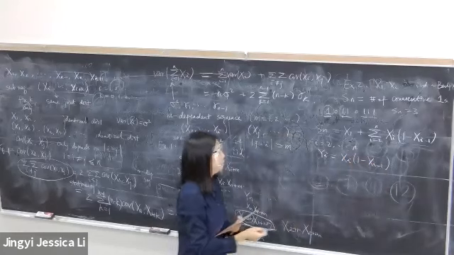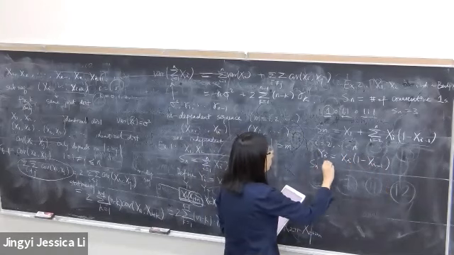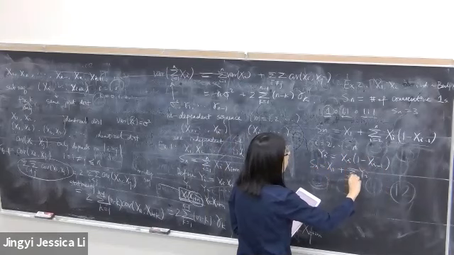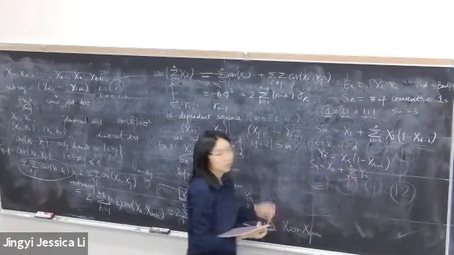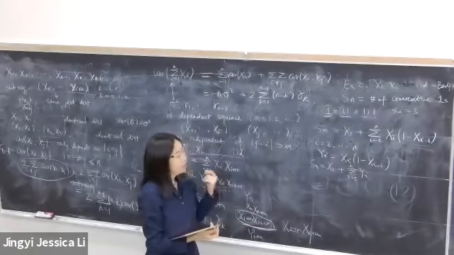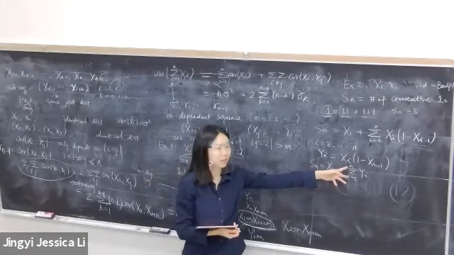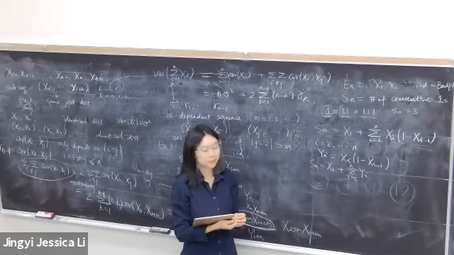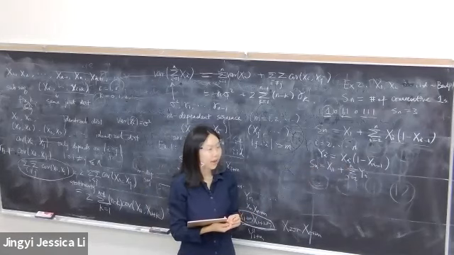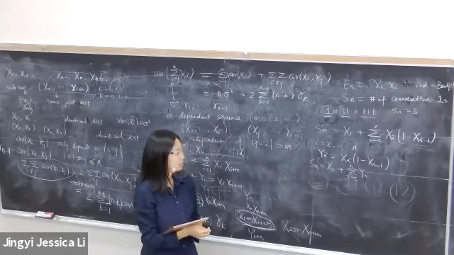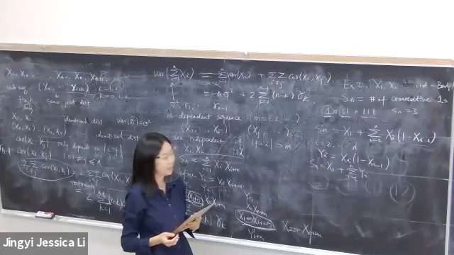And therefore, Sn will be equal to x1 plus the summation of yi from 2 to n. So I need to be able to quantify this summation if I need to describe the asymptotic behavior of Sn. And what's yi? Yi involves 2 consecutive random variables in my sequence, xi and xi minus 1.